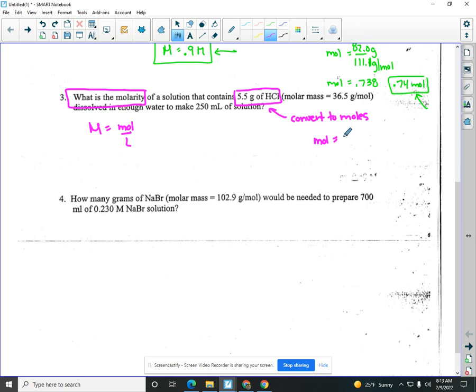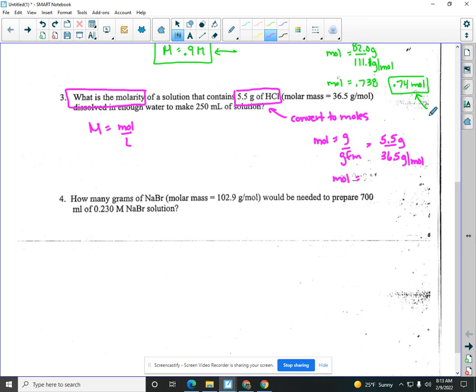Moles equals grams over gram formula mass. Molar mass is our gram formula mass. We have 5.5 grams over gram formula mass of 36.5 grams per mole, and that's going to give us moles.